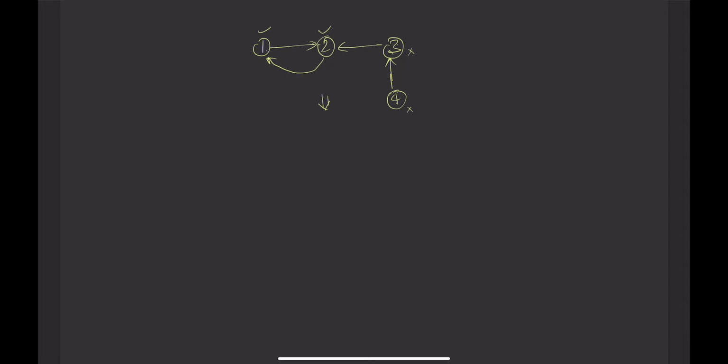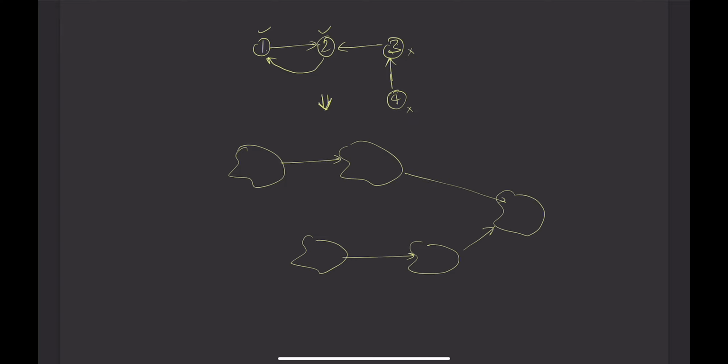Now if I find all the strongly connected components of this graph, and compress the graph and create a new graph out of them, this graph will not have a cycle, which means it will be a DAG.